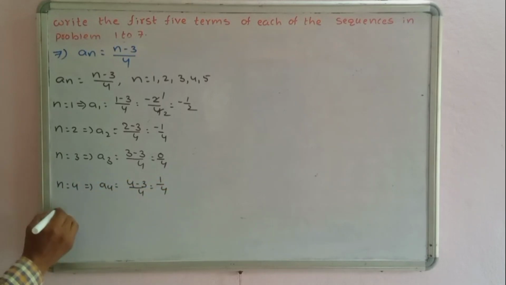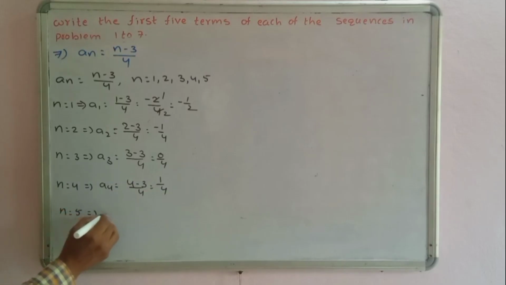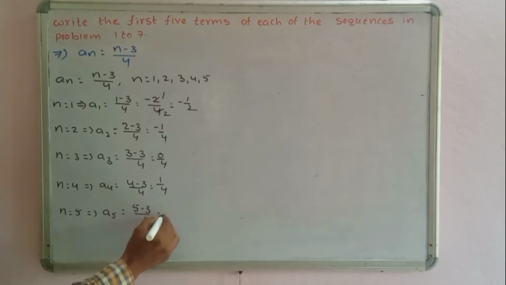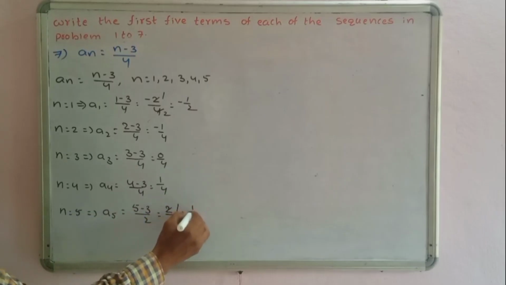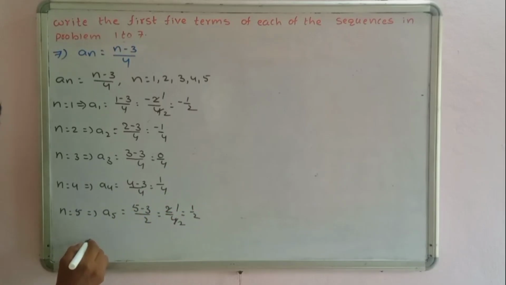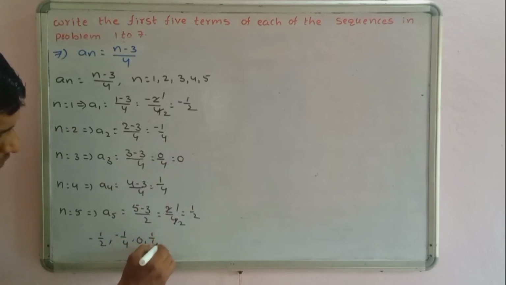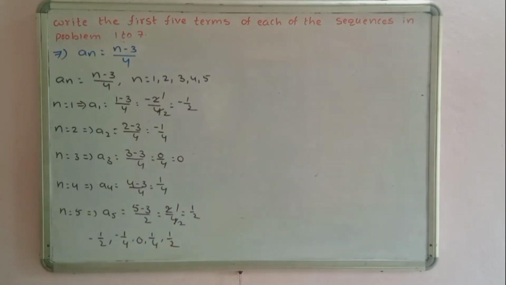If n equals 5, a5 equals 5 minus 3 by 4, that is 2 by 4. 2 ones are 2, 2 twos are 4, so 1 by 2. The first five terms are minus half, minus 1/4, 0 by anything is 0, 0, 1 by 4, 1 by 2.